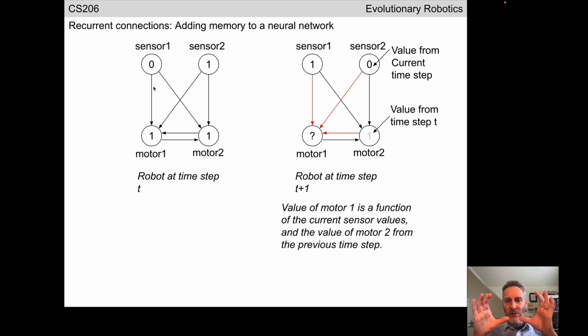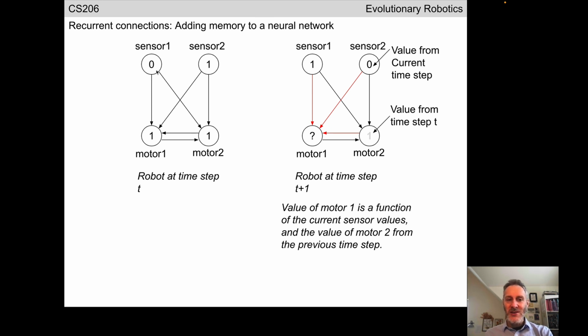Well, let's imagine we take our Braitenberg vehicle and we put it in a virtual world, and in that virtual world at time step t, it registers on its left sensor a sensor value of 0, and on its right sensor it detects a value of 1. I'm not showing you the synaptic weights now, or the threshold activation values.